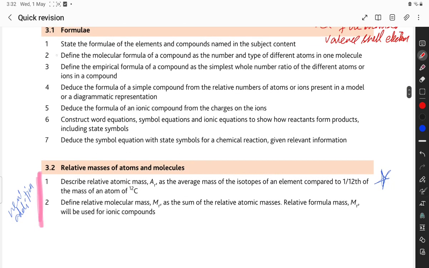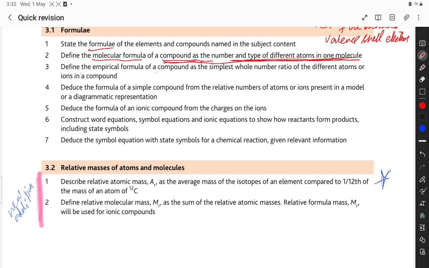Okay. Formula: state the formula of elements and compounds named in the subject content. Formula is the representation of elements in terms of symbols. Define the molecular formula of a compound as the number and types of different atoms in one molecule.